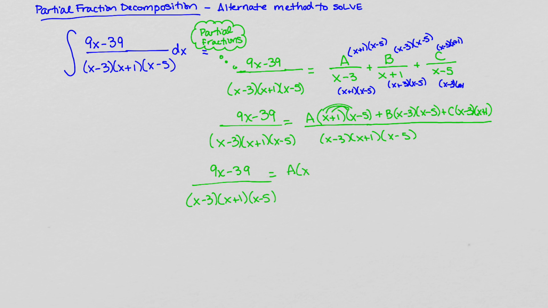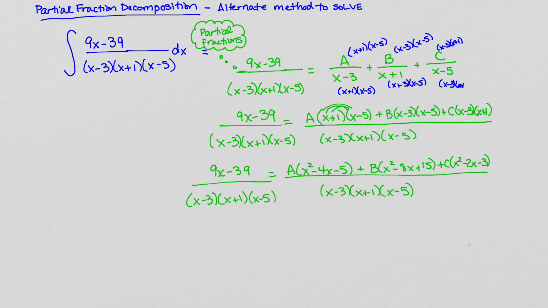So if you're okay, I'm going to skip some steps in here, and I'm just going to FOIL it out in my head where I multiply it through. B would get multiplied. Again, I'm going to skip some steps in here, and I'm just going to multiply this through in my head. And then C would get multiplied, and again, I'm going to skip some steps here and multiply that through in my head. And so, wow. So far, so good, right?